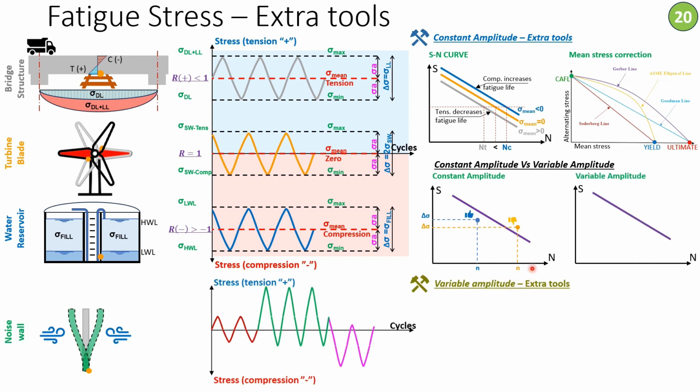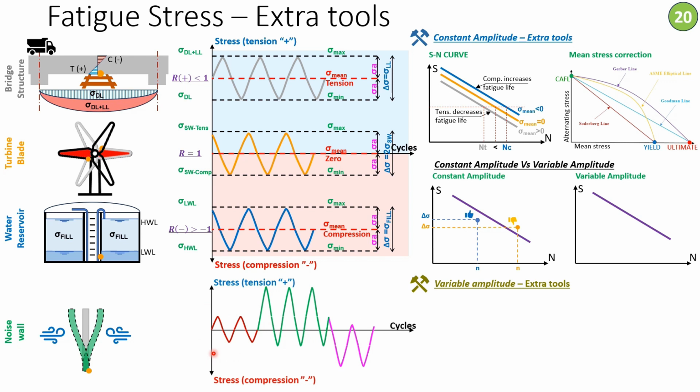But what is the deal with variable amplitude cyclic loading? That brings us to what kind of extra tool is required to further process the fatigue stresses to be able to do the proper fatigue check. As we know, for variable amplitude, we had this example, a structure subjected to wind load. Normally wind load is variable amplitude, which is a plot of random stresses happening over different numbers of cycles.